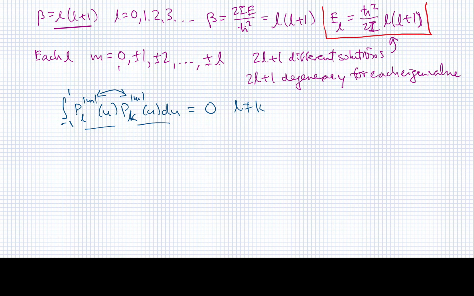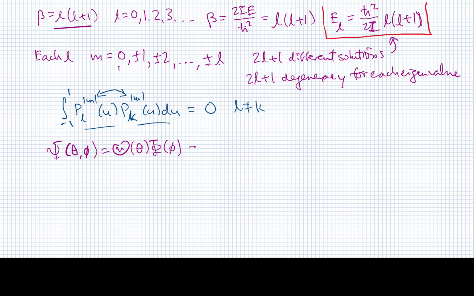So this is going to enable us to build in some orthogonality to the solution to the rigid rotor eigenstates, eigenfunctions. And remember that those eigenfunctions can be written because we originally had psi as our total eigenfunction. That was equal to a product of our theta-dependent eigenfunctions and our phi-dependent eigenfunctions.